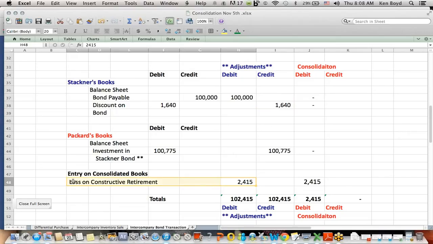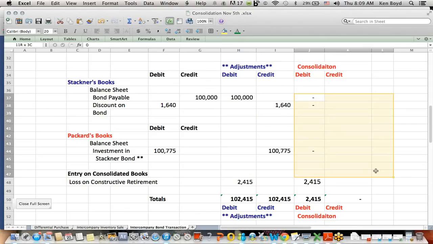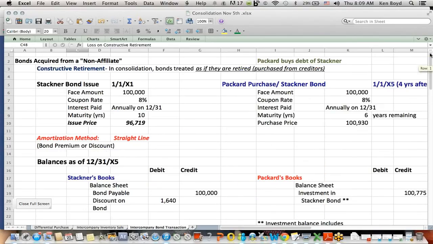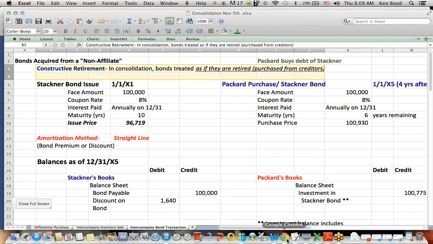So we unwind all that by posting a loss on constructive retirement. And what our result is that the bond payable, the investment, the discount on bond payable, and any premium the buyer paid all goes away in consolidation. So in consolidation, we have no balances except for the loss on constructive retirement. So that is eliminating an intercompany bond transaction by assuming constructive retirement.